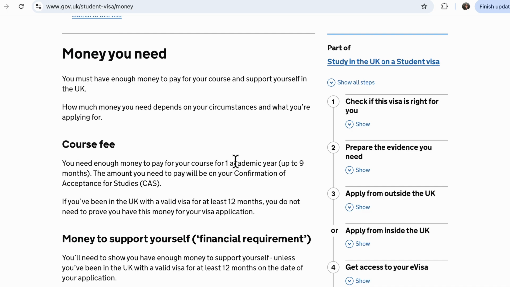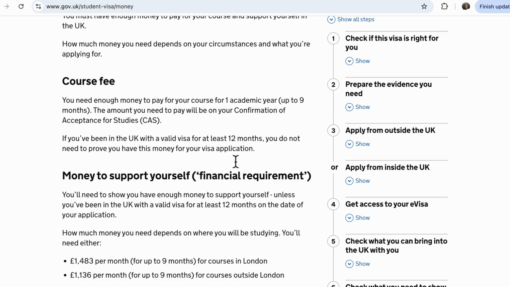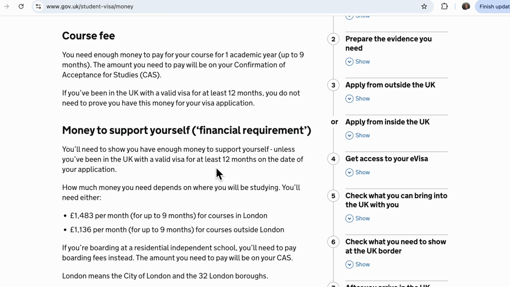You also need money that shows that you'll be able to support yourself, in terms of survival or subsistence. So let's look at it. They say how much money you need depends on where you'll be studying. You need either 1,483 pounds per month for up to 9 months for courses in London, or 1,136 pounds per month for up to 9 months for courses outside London.